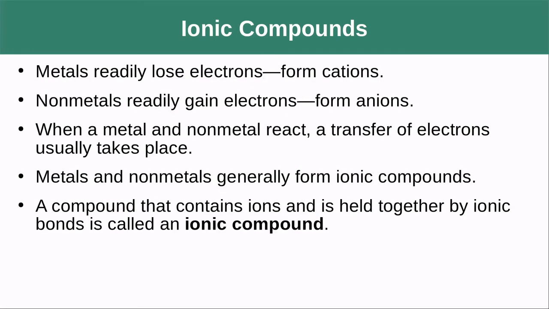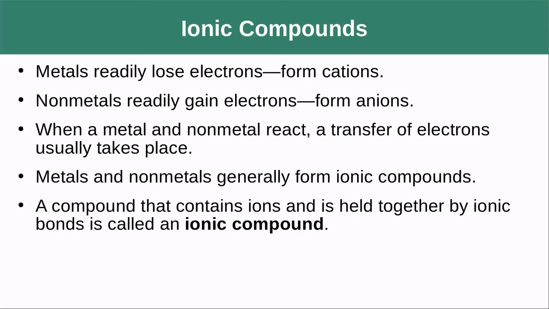So, metals readily lose electrons. We saw that before when we were trying to predict the ions that we would see in the periodic table. Nonmetals readily gain electrons. When a metal and a nonmetal react, the electrons are transferred from the metal to the nonmetal.